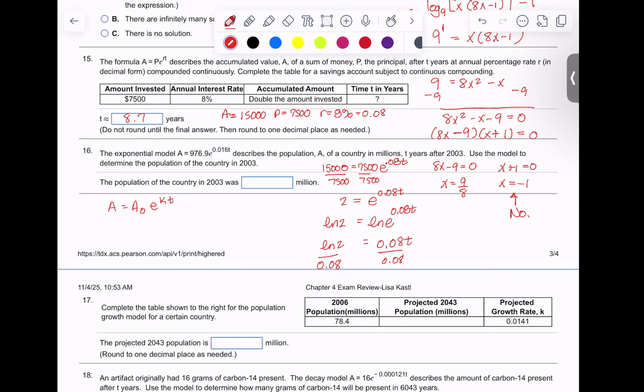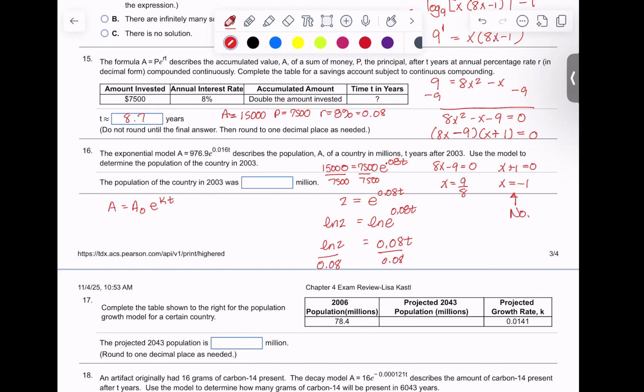And they tell you that this is the model that models population after the year 2003. So use the model to determine the population of the country in 2003. Well, that's the initial amount. If this model models after 2003, 2003 is time t equals 0.